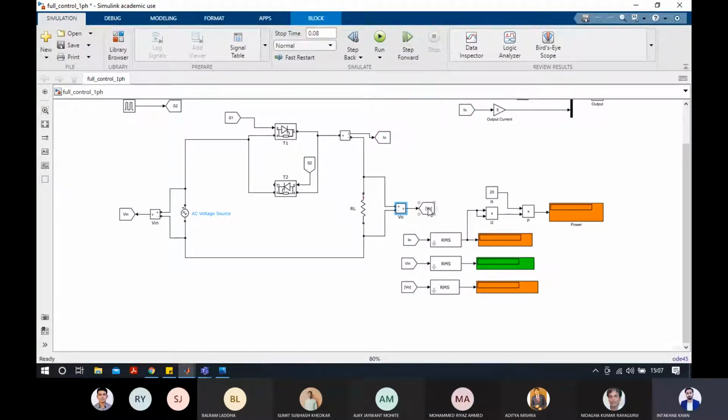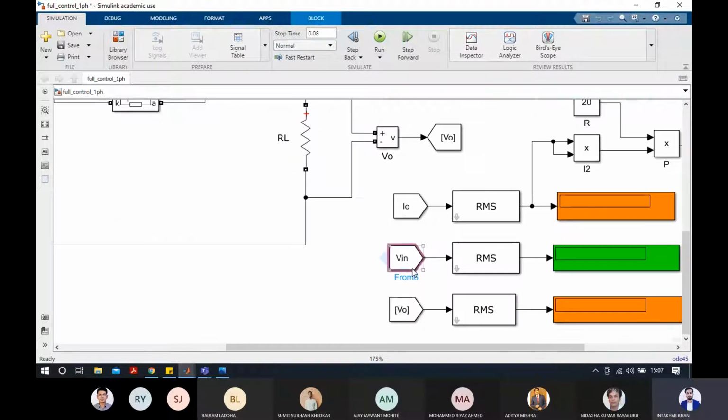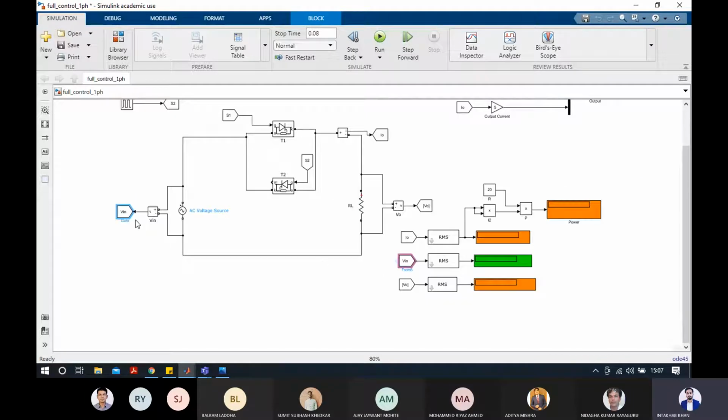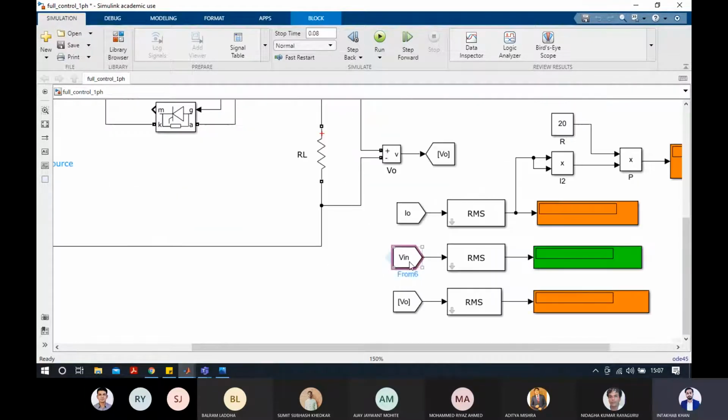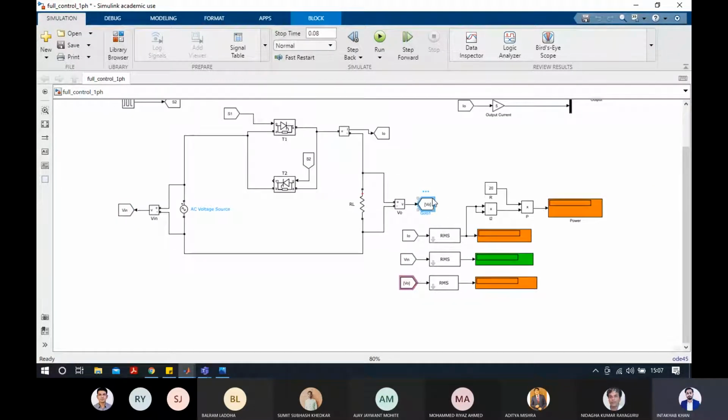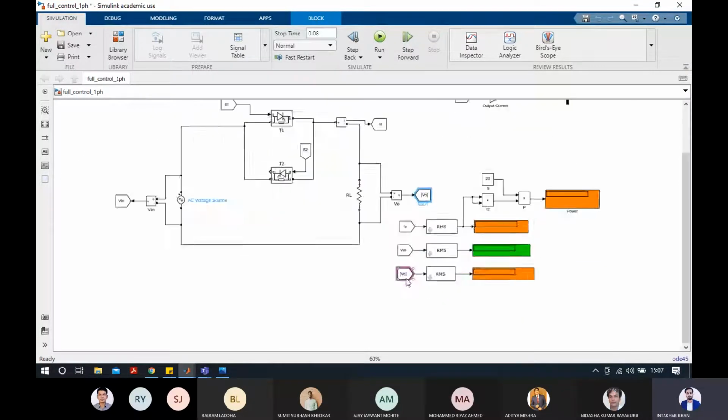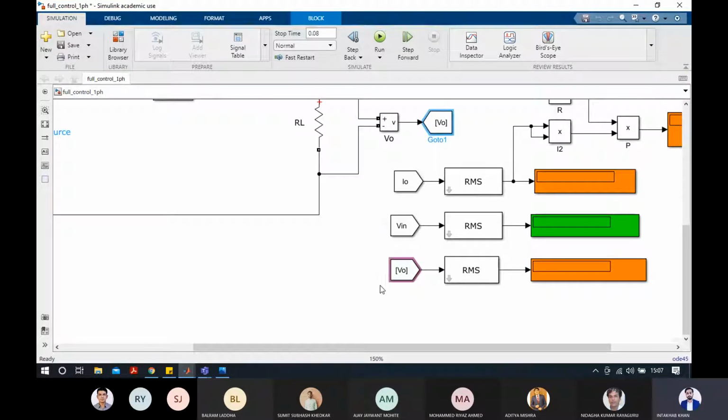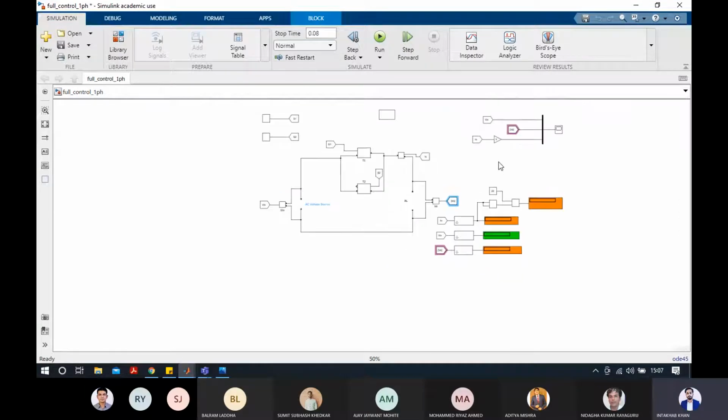Again these goto blocks are used, and when you click on the goto block, the place where the data is going is shown in brinjal color, like this. This is a from block, and this is a goto block which is synced to this from block. When you click on this goto block, there is a from block taking the same data over here.